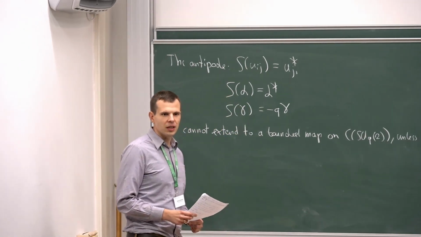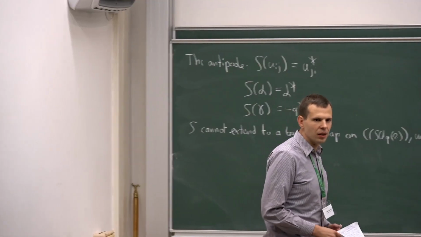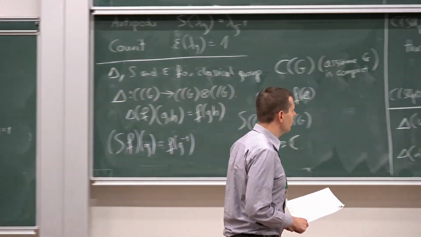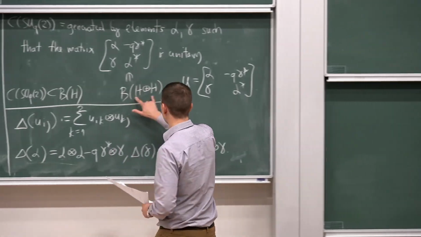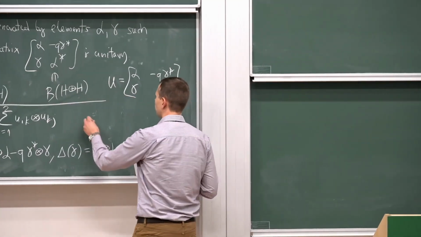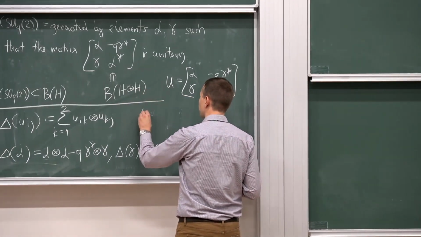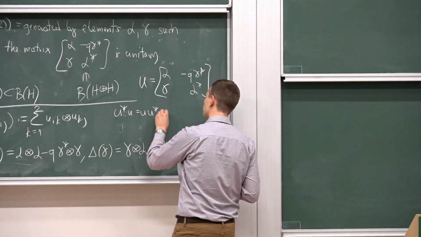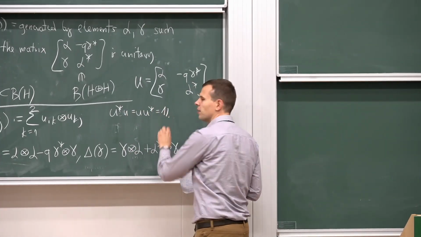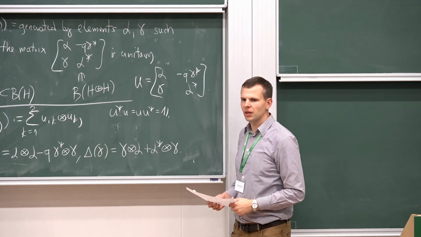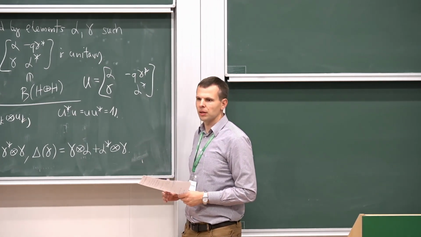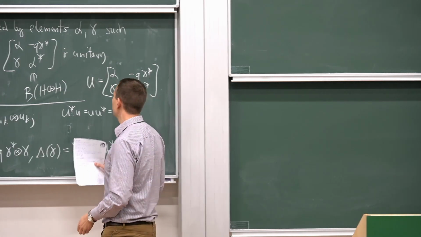So I still have a question. What does it mean that this matrix is unitary? I mean, it's an operator in B(H), so it means that this operator satisfies U star U is equal to U U star is equal to the identity operator. And the star is just the star like you would do for a matrix.